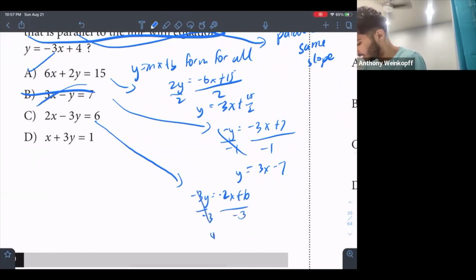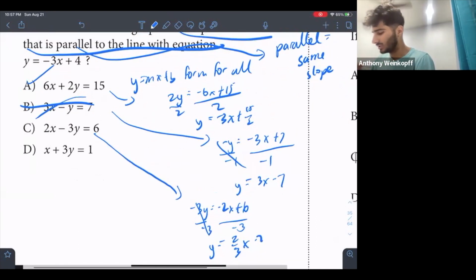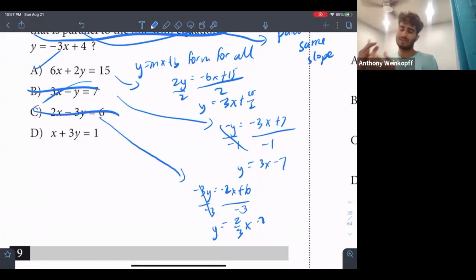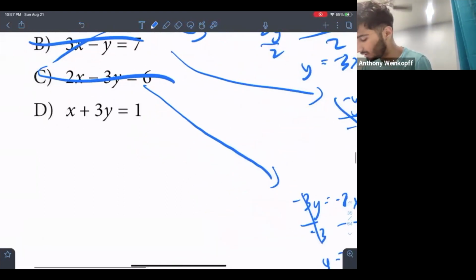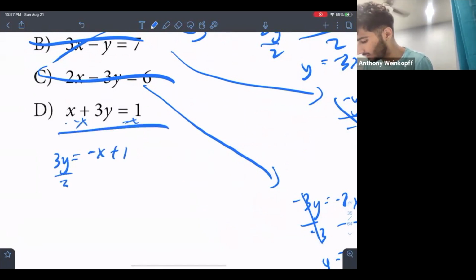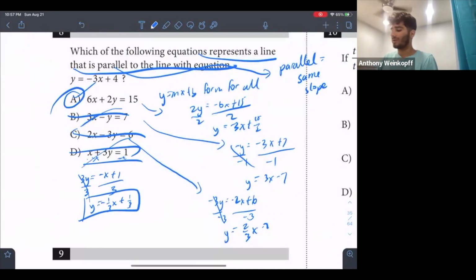Y is equal to positive 2/3 x minus 2, which is not correct because it's not the same slope, so that's also incorrect. Last choice, you would do 3y is equal to minus x plus 1, and then divide by 3 on both sides. Y gives you -1/3 x plus 1/3, which is also not the same. So our answer is choice A.